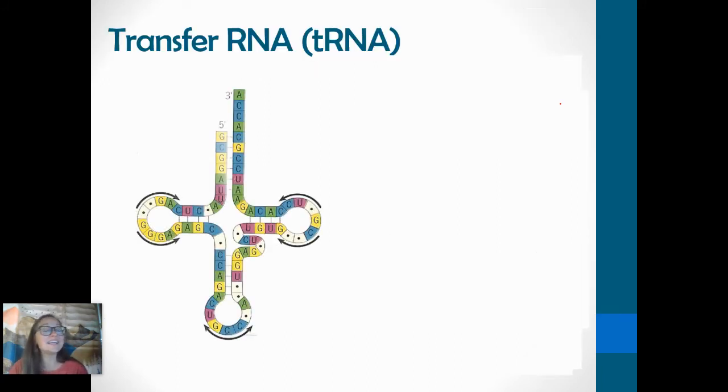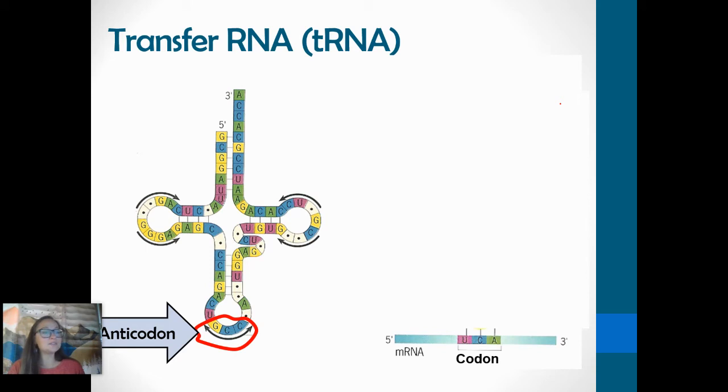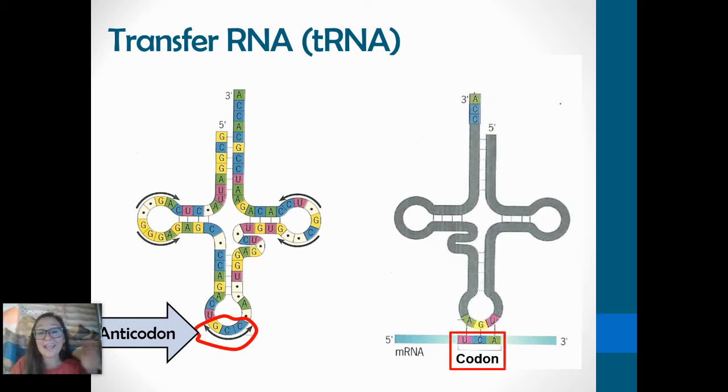You can see it's a single strand of RNA, and it hydrogen bonds with itself to hold it in that T shape. But down here at the bottom, these 3 bases, in this picture it's GCC. This is the anticodon. And what we will see is how that anticodon is going to pair with the codon.